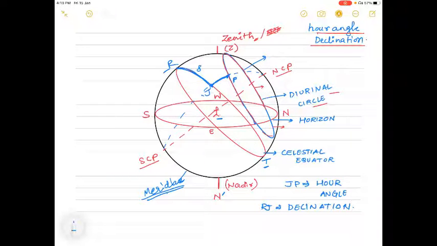So in the local equatorial system, declination remains constant though the star is following a diurnal motion, but the R angle is subject to change. Again it has certain limitations and it does not give fixed coordinates for the stars which we want to observe. So for that we have to follow a third type of equatorial system, that is called a universal equatorial system.